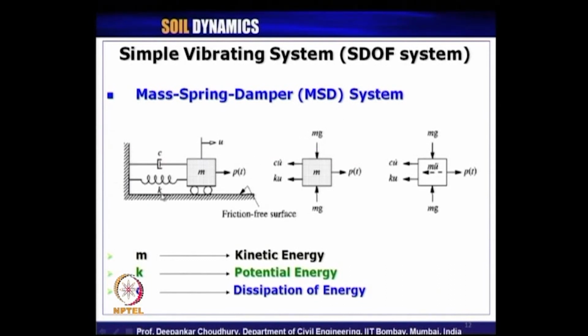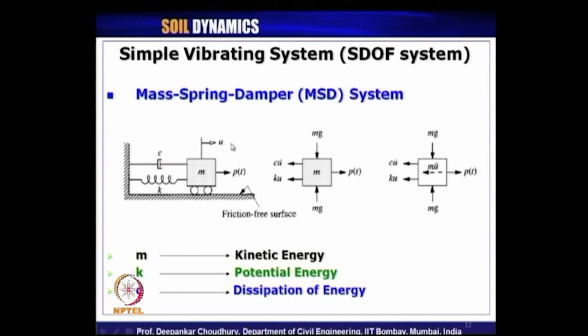So, let us take a single degree of freedom system with a mass m, a spring with spring constant k, and a damper with damping coefficient c, which represent these three basic units of any simple vibration. The single degree of freedom, let us say, is defined as u.